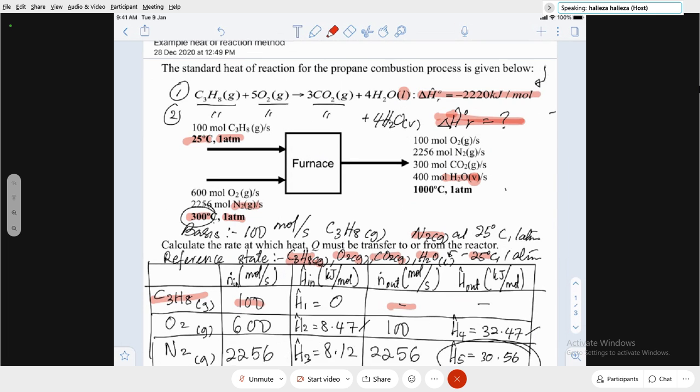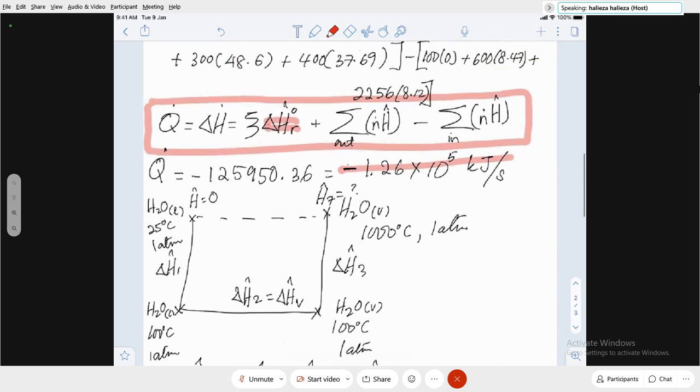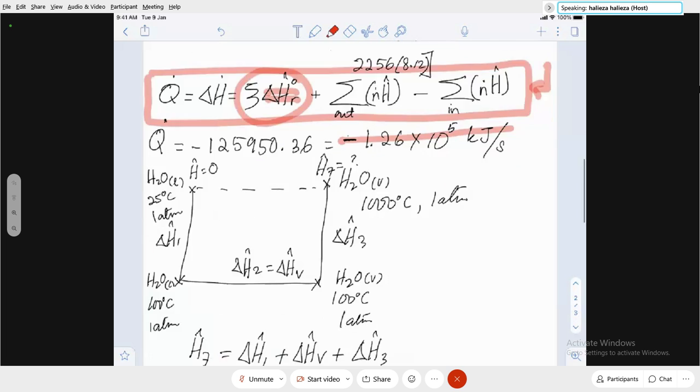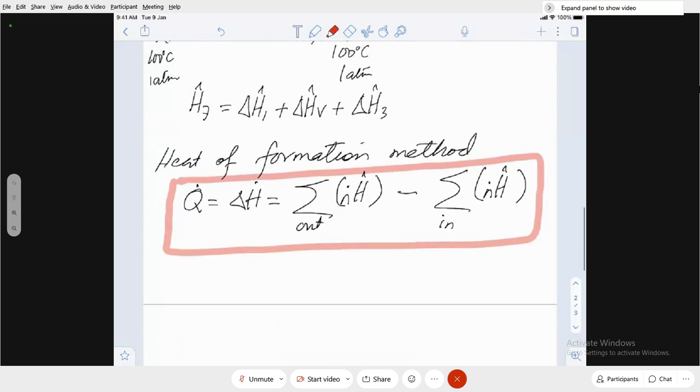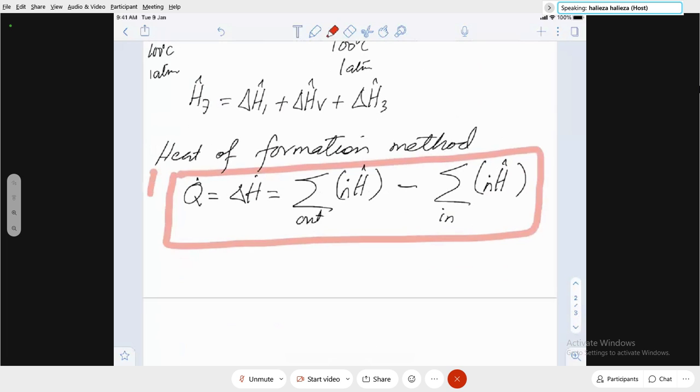So now, if you go back to the equation just now, this is the equation for the heat of reaction method. You have this term over here, the heat of reaction. So when you don't have the heat of reaction, then you'll be using the heat of formation method, whereby you don't really need the reaction at all.